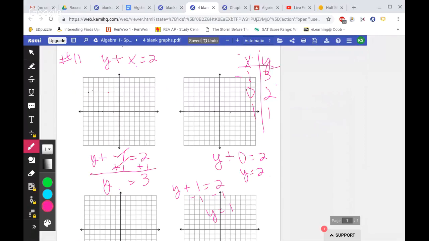So now I'm going to graph these 3 ordered pairs. I'll go over -1, up 3. I'll go over none, up 2. I'll go over 1, up 1.